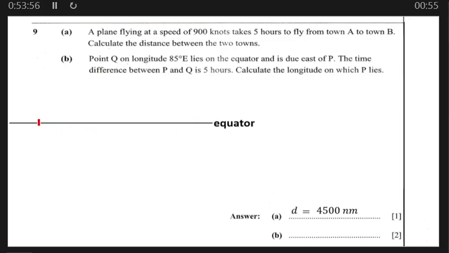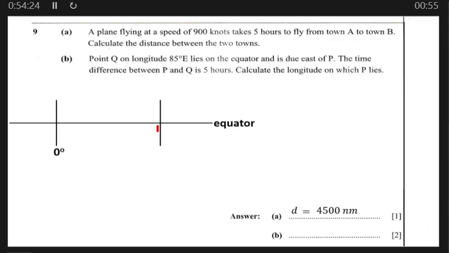Then we'll have a line which we call the Greenwich meridian, which separates the east from the west, at 0 degrees.